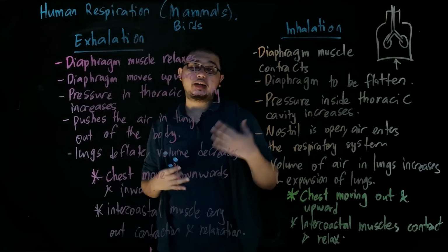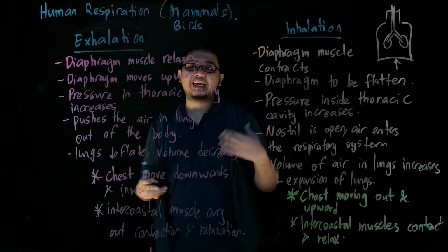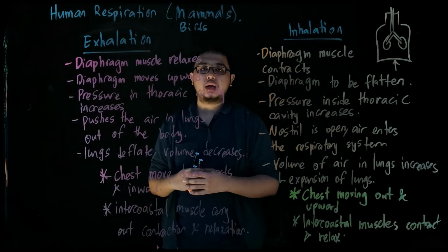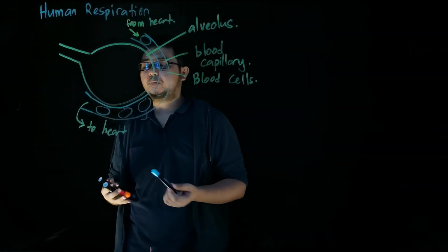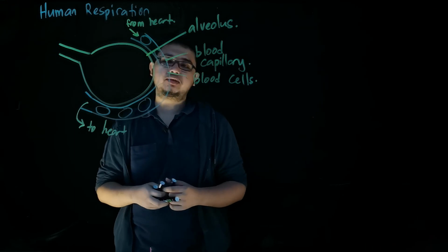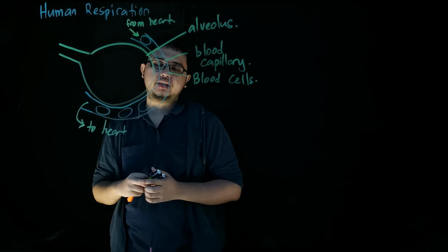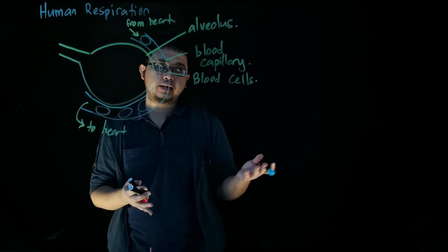Now, inside the lung, a different mechanism is taking place, a different phenomenon, where gas exchange occurs directly through your alveolus. So now we're going to talk about the alveolus. The alveolus is a special balloon-like structure found at the end of your bronchiole. It's similar to the air sac in the insect.